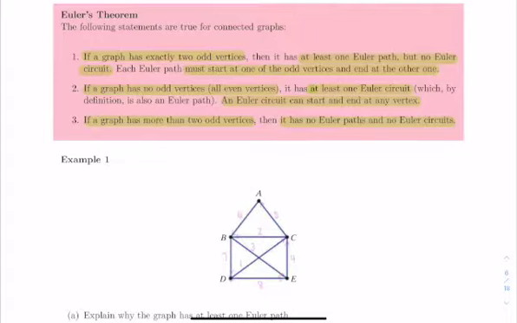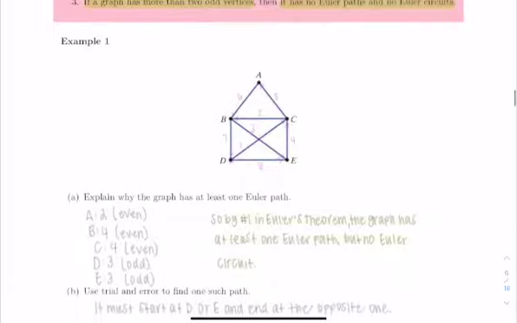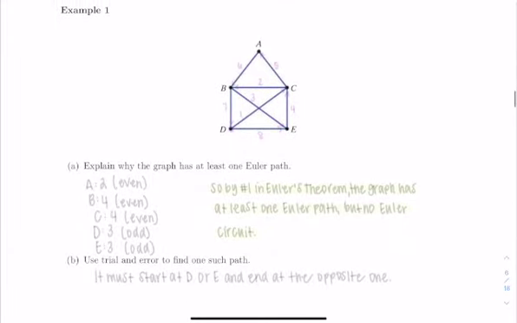So looking at example number 1, explain why the graph has at least one Euler path. So using Euler's theorem, let's go ahead and figure out if it's got an Euler path, an Euler circuit, or none. So that means we need to look at the degrees of all of our vertices. So let's look at A first.